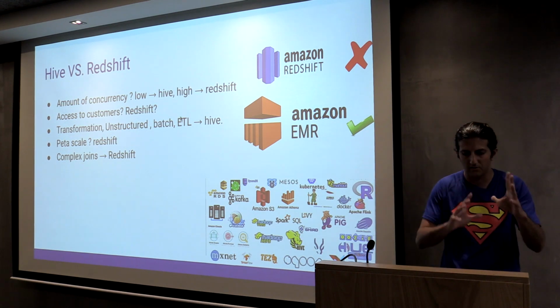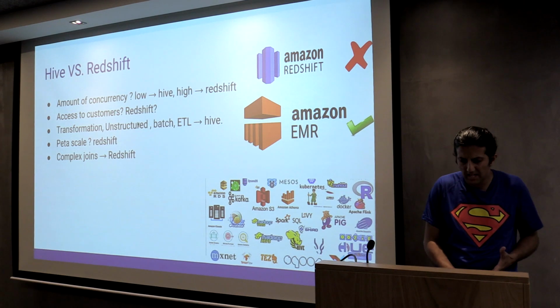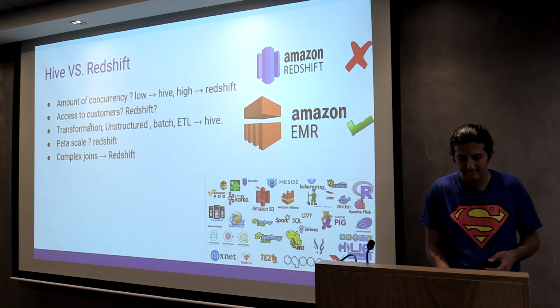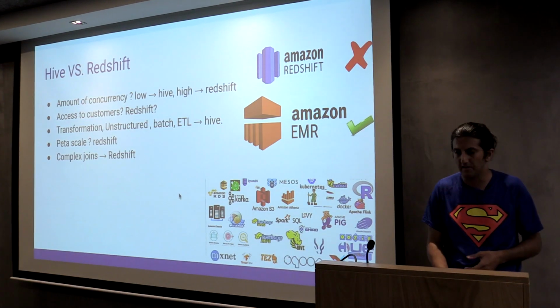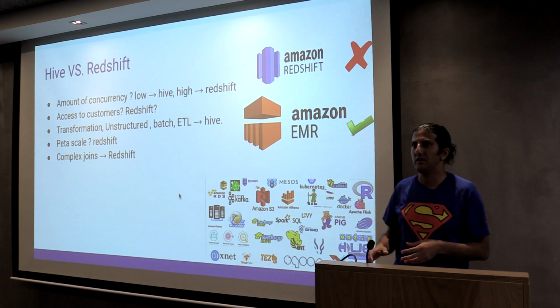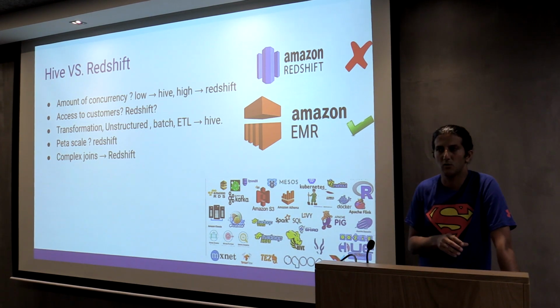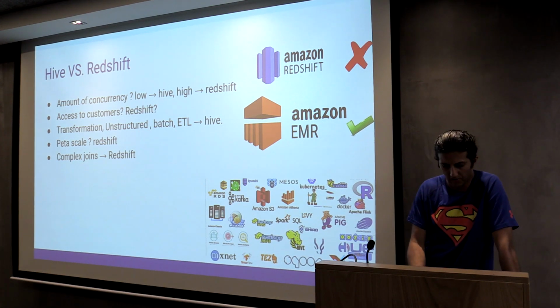It's the fastest, more or less. If you need to transform data, use Hive. If you need something with better scale, use Redshift. Complex join, use Redshift. So again, what you see is a simple example, a simple answer to a simple question, when do you use which technology, and so on and so forth.